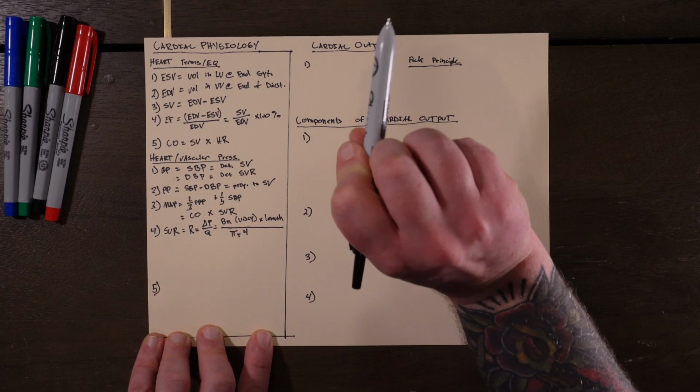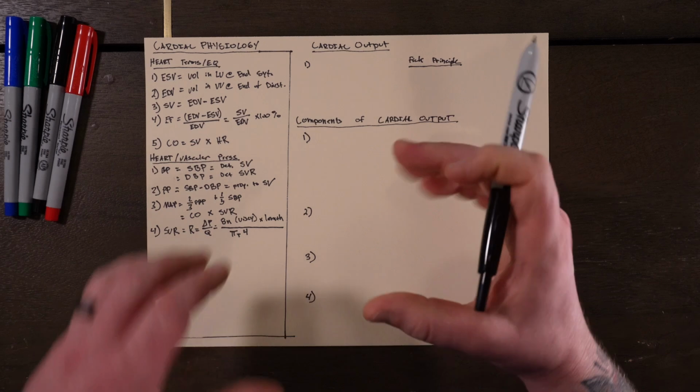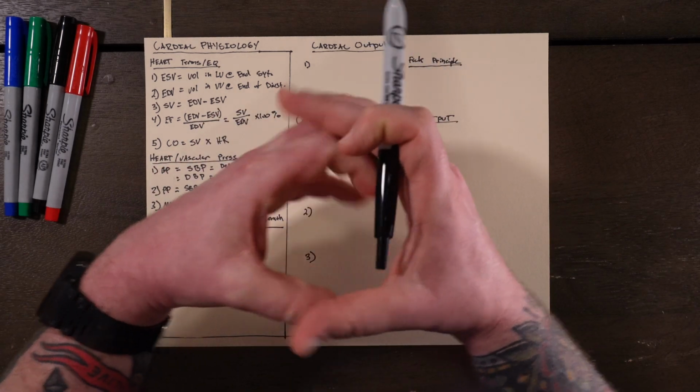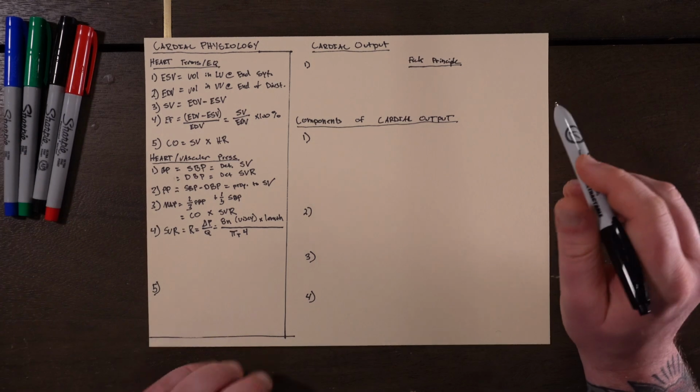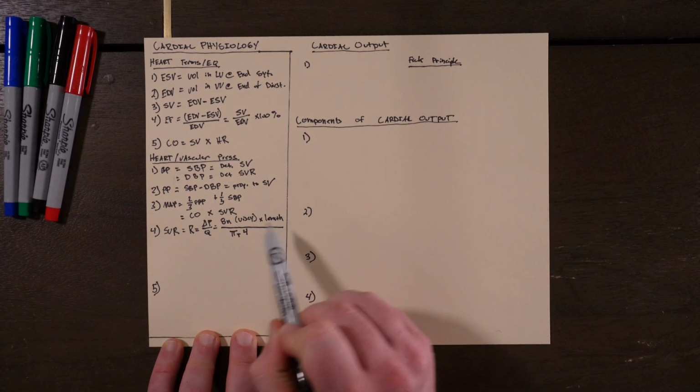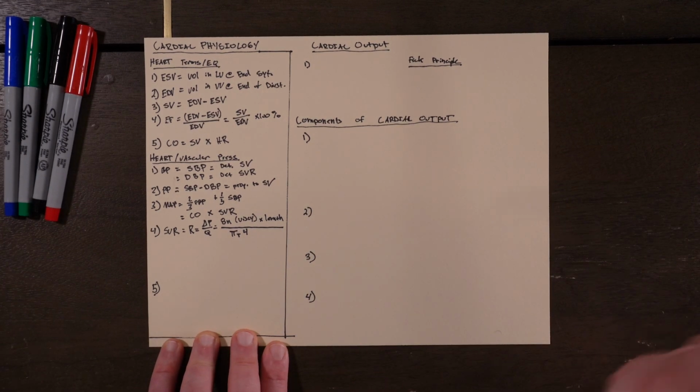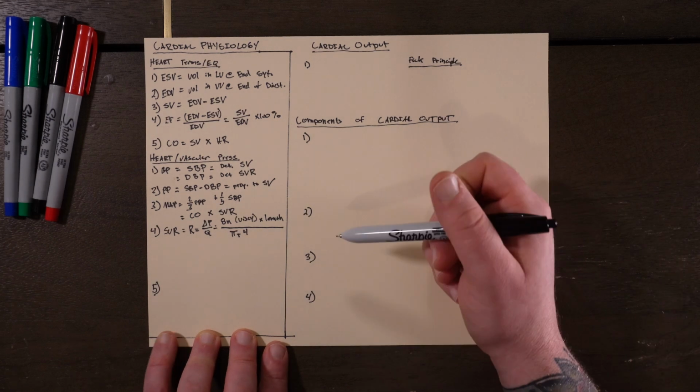So if you increase the radius, right, the pipe goes from here to here, obviously you're going to decrease your resistance. So being able to think about systemic vascular resistance in those terms is very helpful.